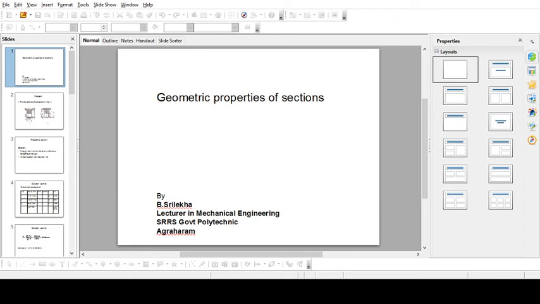Next, the semicircle. For the semicircle, the area is pi r square by 2, nothing but pi into 20 square by 2. Now the x term: the semicircle is situated at a distance of 40, so 40 plus d by 2, nothing but 40 plus 40 by 2, which is 60.